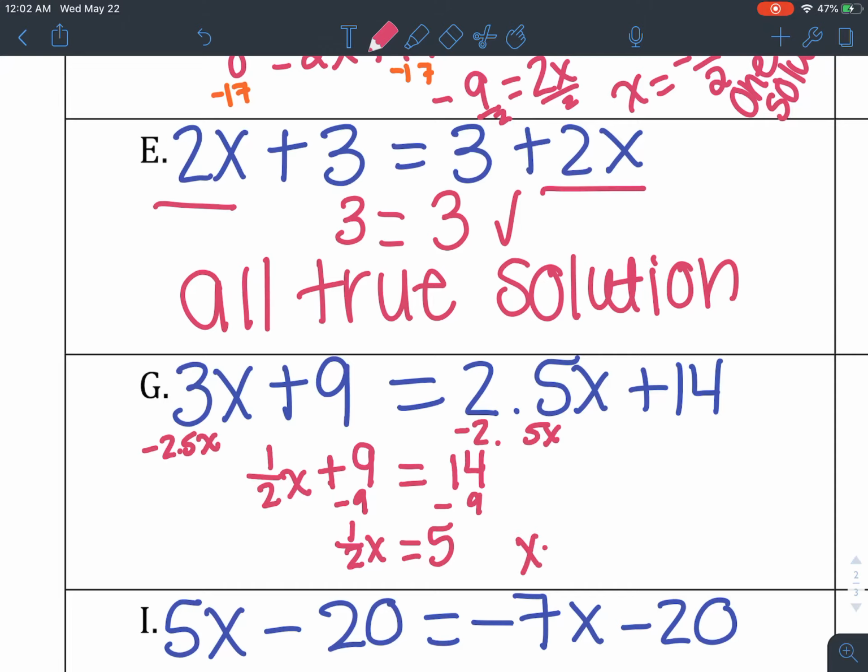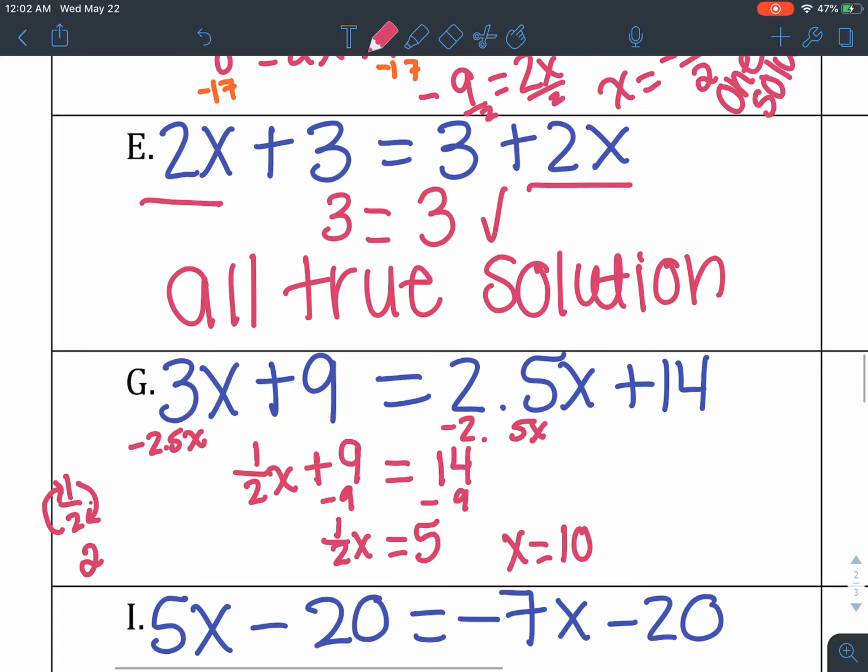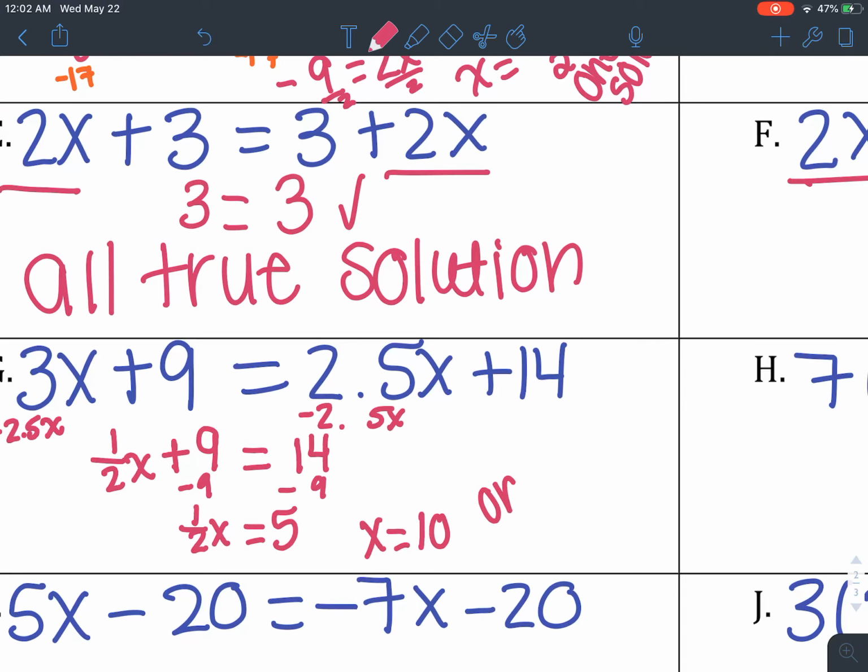I'm going to multiply by the reciprocal, which, if you remember, if we do 1/2, the numerator is going to go to the denominator, and the denominator is going to go to the numerator. So this would be 2. So 5 times 2 is 10. Okay, and this is a 1 solution.